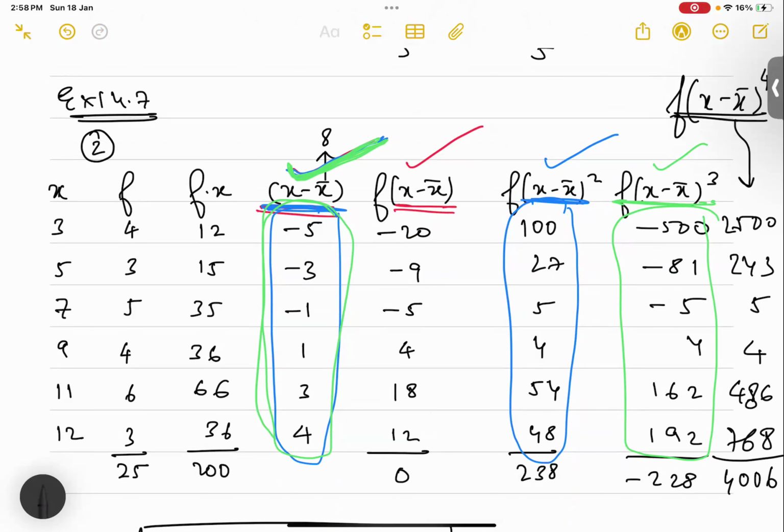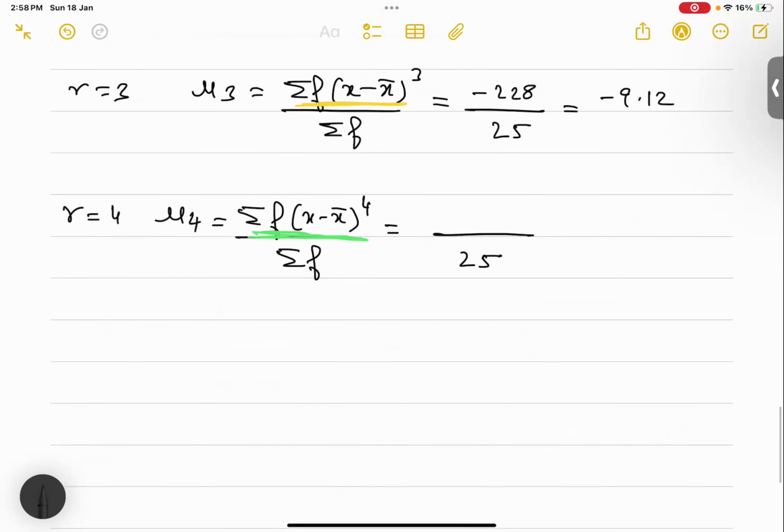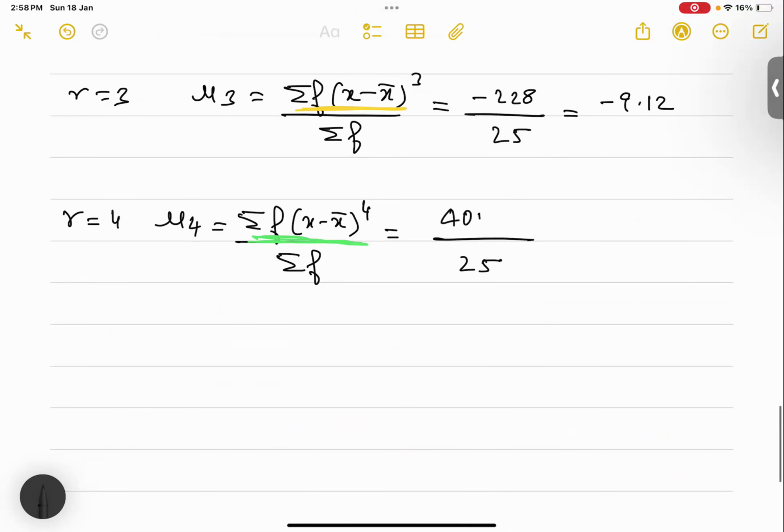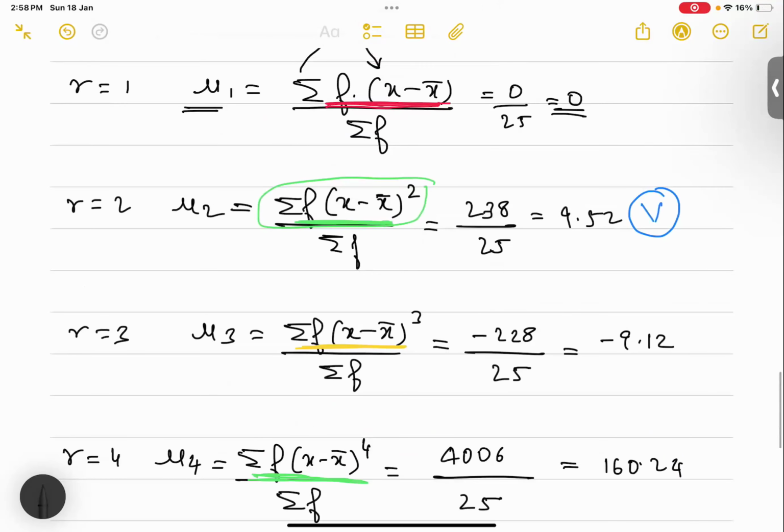So this is equal to 4006. Divide this by 25 and you will get the answer, 160.24. So we have calculated the first four central moments.